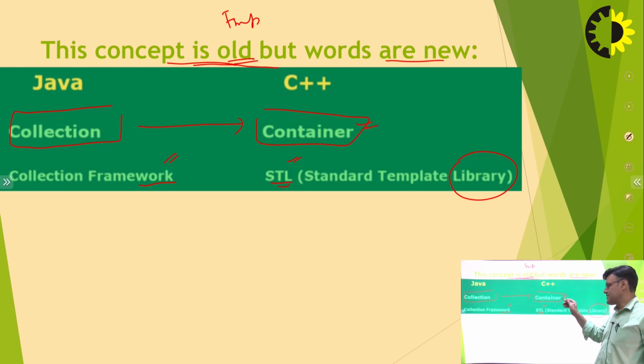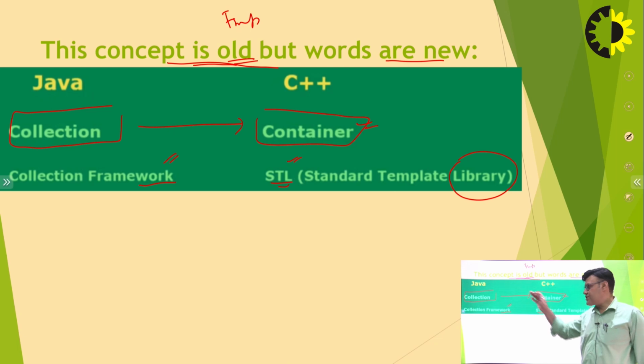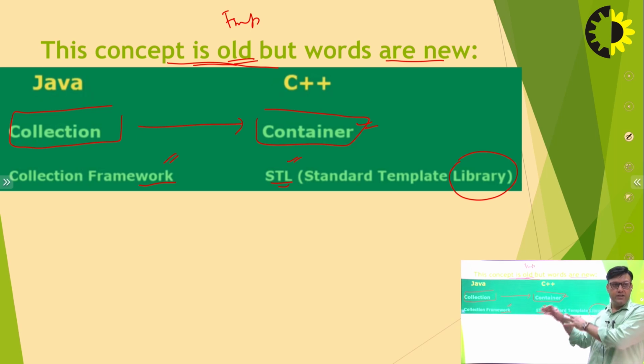So what is the basic aim of using this container, collection? Actually, the main aim is that in a container we used to keep different objects. Just now we defined what is collection. Collection is a group of individual objects which can be seen as a single entity. And what is a container? In a container also we used to keep some number of objects. And what is the role of that container?